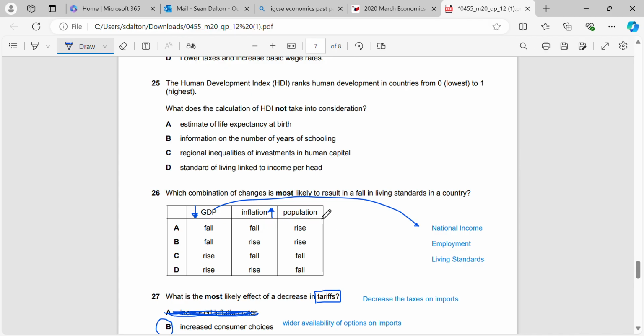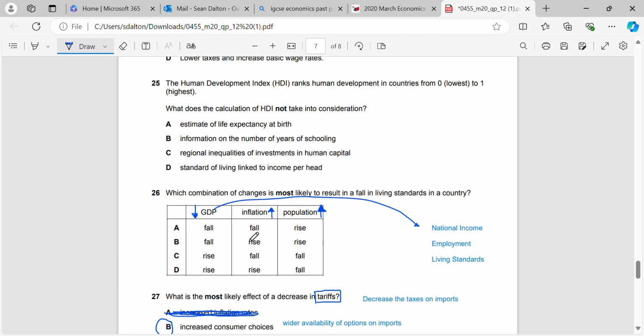And finally, we would expect the population to go up. Again, why? If we've got less goods and services being made and a higher population, then the problem of scarcity exists to a greater extent than before. So we'll have less goods and services available per person to purchase, which means that living standards will decrease.